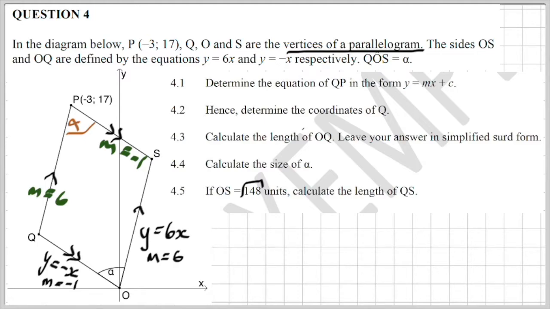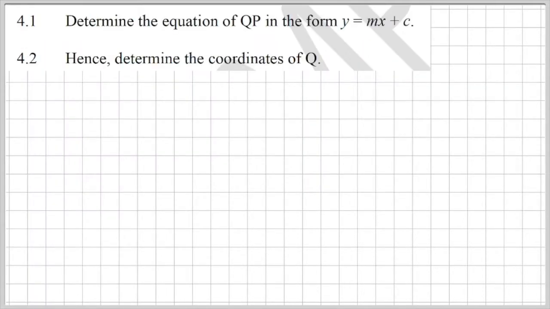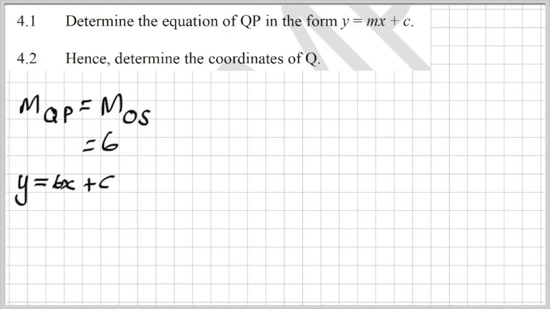If I look at this question, I'm going to start by saying the gradient of QP is the same as the gradient of OS. So therefore, the gradient of QP is 6. So I've got y = 6x + c. To determine c, I just need a set of coordinates.